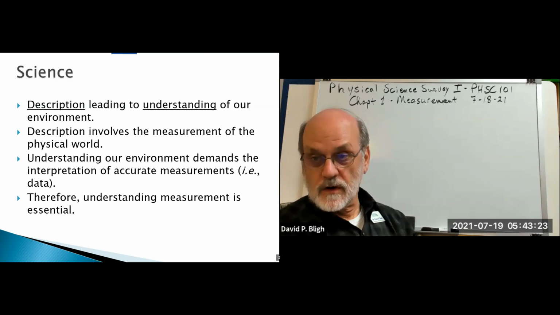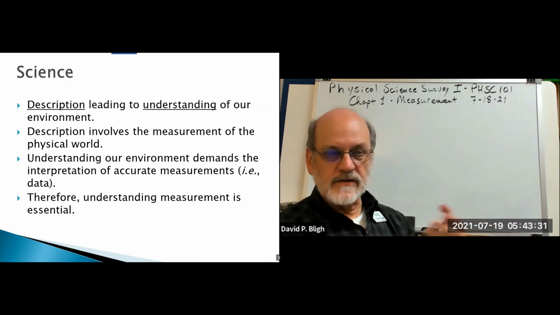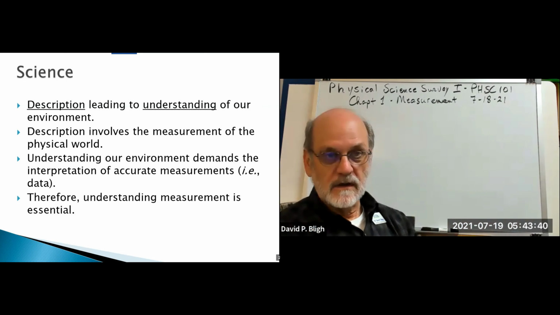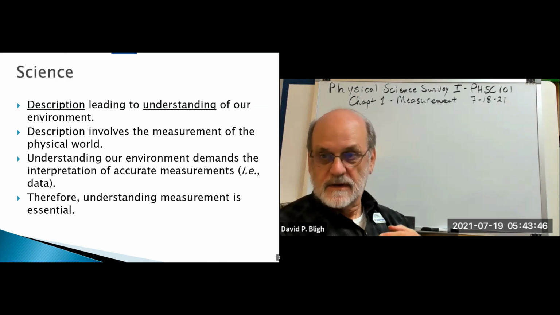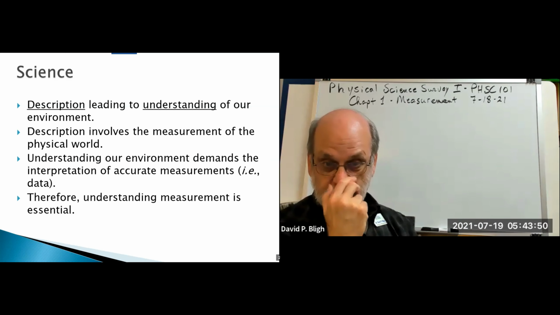Sometimes our measurements are what we would call qualitative. That is, there are no numbers associated with them, such as what color is it? Or did it make a loud sound? Or compare two things. Is this one lighter than that one? Okay, those are all also valid observations and in some respects measurements of the physical world.